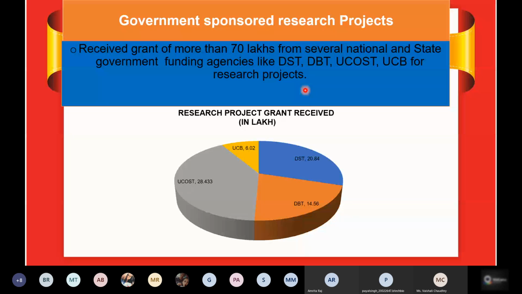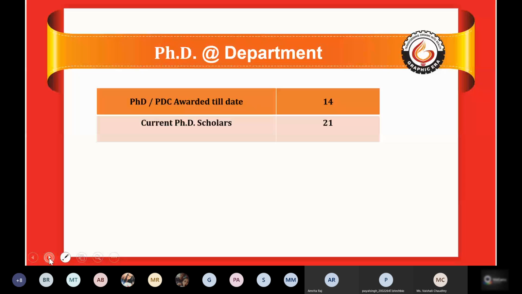They fund the grant for doing the research, and this pie chart is showing the different research projects which have undergone or are undergoing funding from different centers. We have already awarded 14 PhD students and more than 21 PhD scholars.